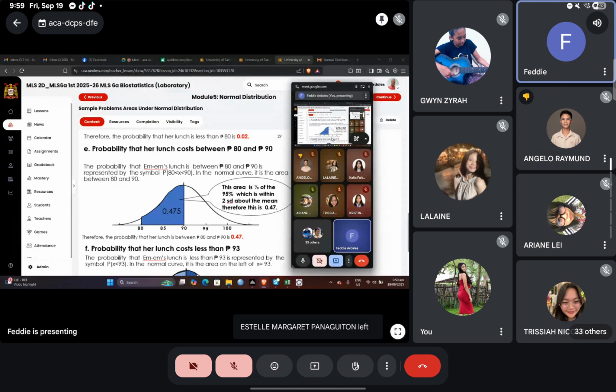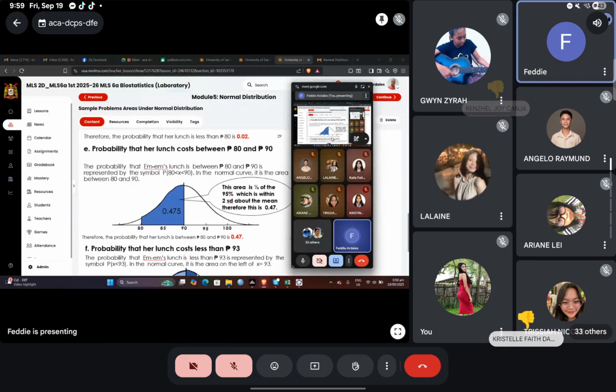Wala na? Okay, so take note, the first five examples fall within your empirical rule. That's why we can solve them using the empirical rule, but then I compared that using your GeoGebra and the normal distribution calculator.